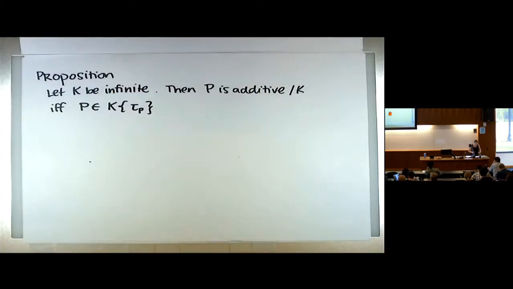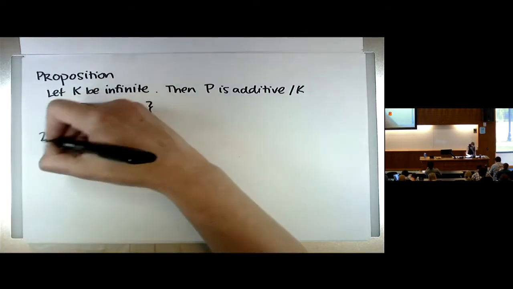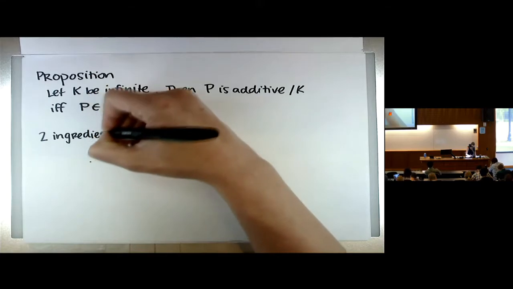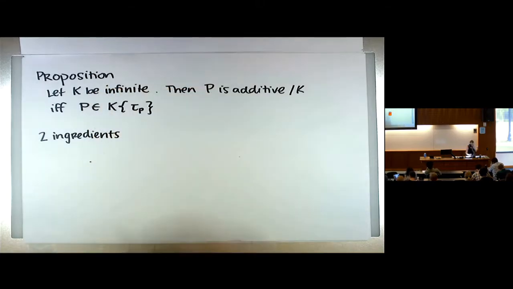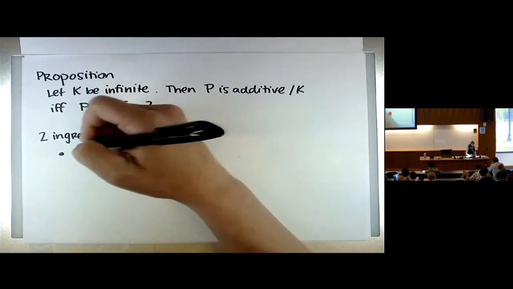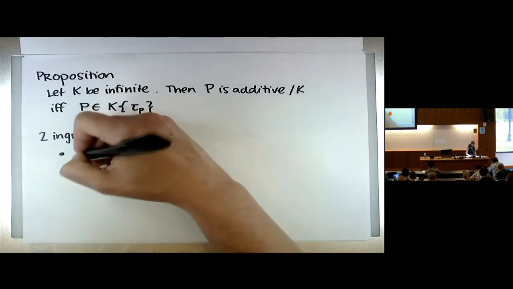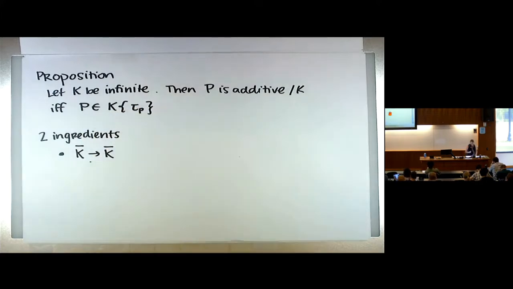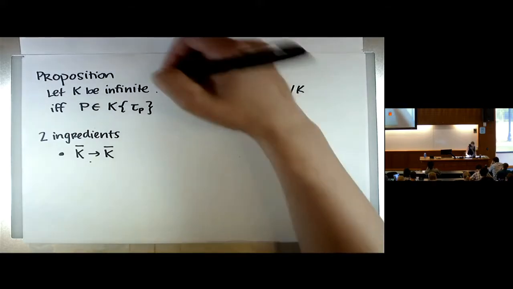So for the proof, I'm going to need two things. Okay, so two ingredients to the proof. The first ingredient is that the map from the algebraic closure of K to the algebraic closure of K, and K is of characteristic p.